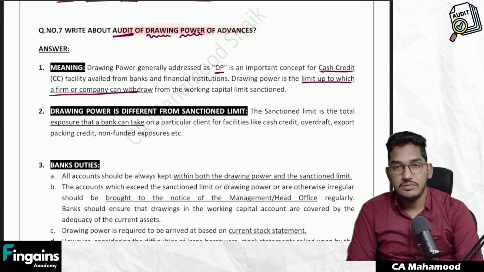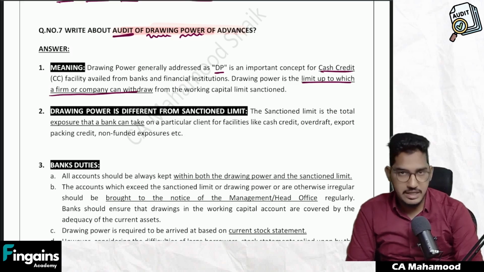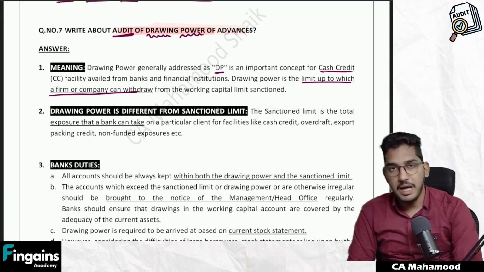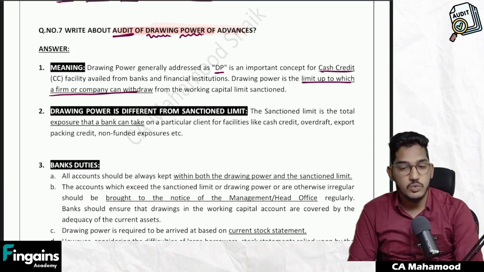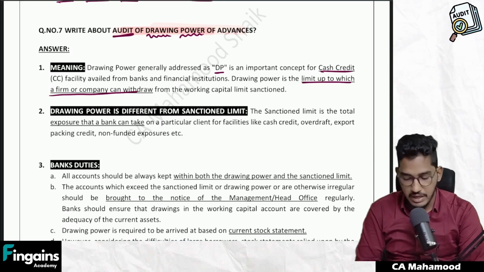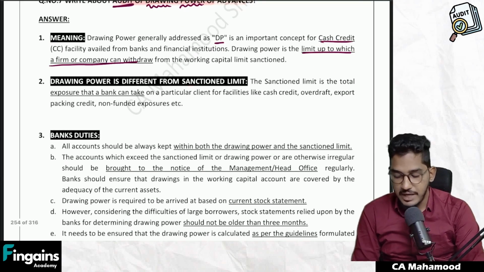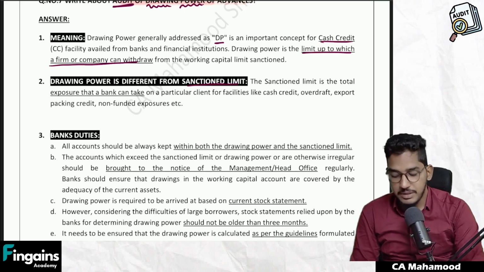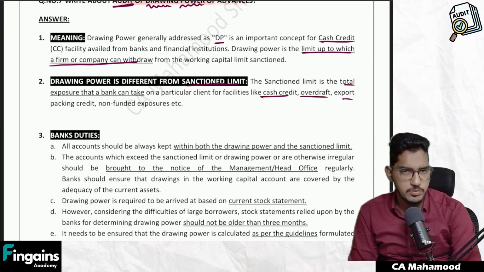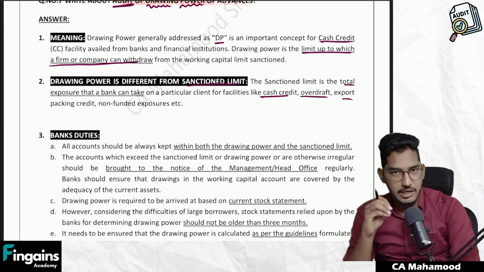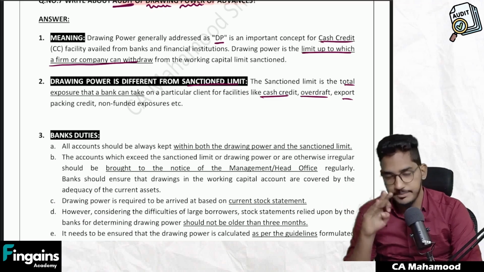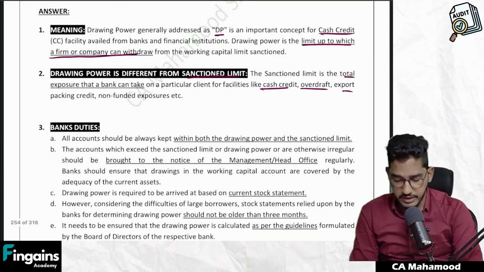So whatever total working capital limit that the bank has sanctioned you, out of that maximum how much amount of money you can withdraw or use, that we call it as drawing power. Drawing power is different from sanctioned limit. The sanction limit is total exposure that a bank can take on a particular client for facilities like cash credit, overdraft, export packing credit, non-funded exposures, etc. So what they're trying to convey is sanction limit is different, drawing power is different.